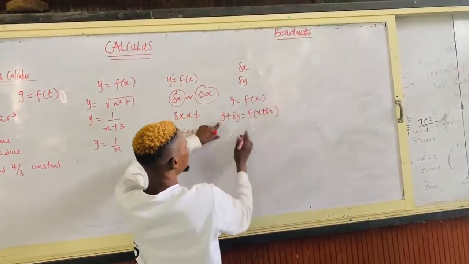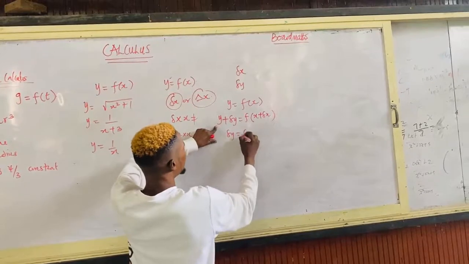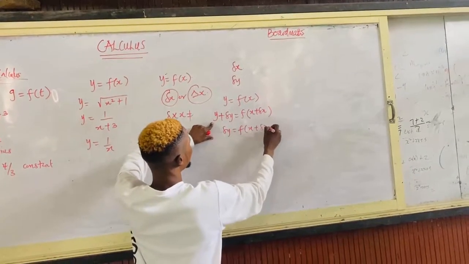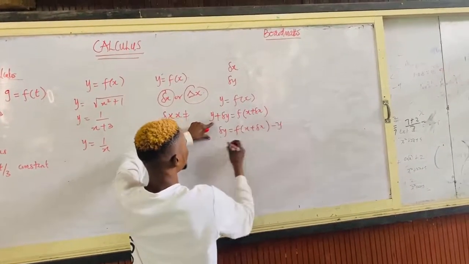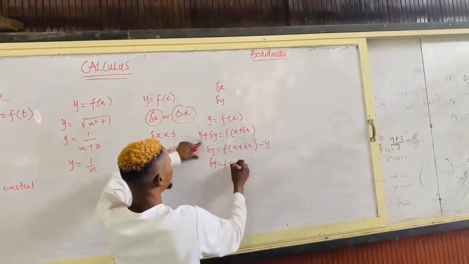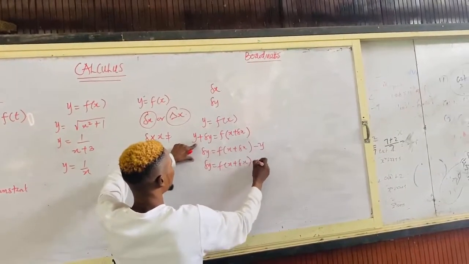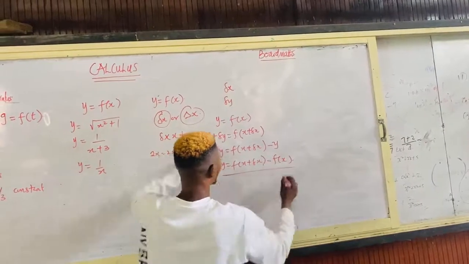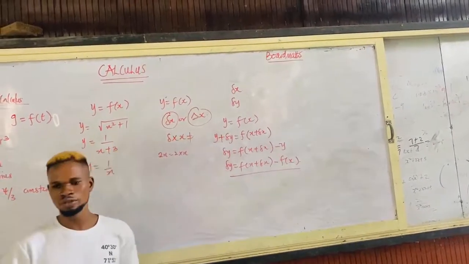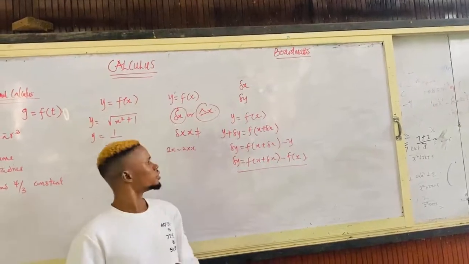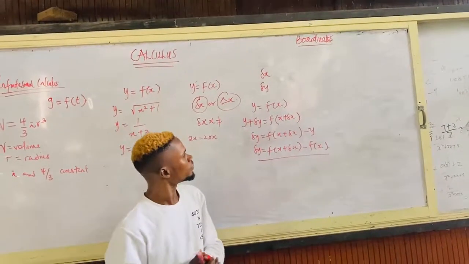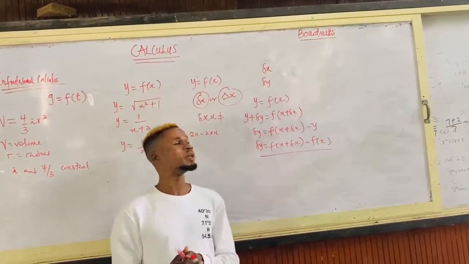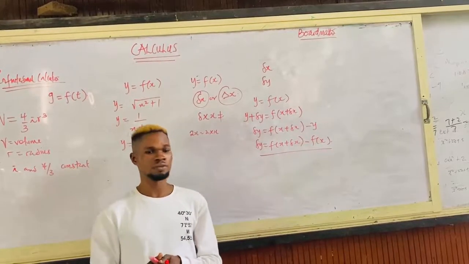Then we can take del y as f of x plus del x minus y, and y is a function of x. That's the notation for the increment of the variable x and the increment of the variable y.